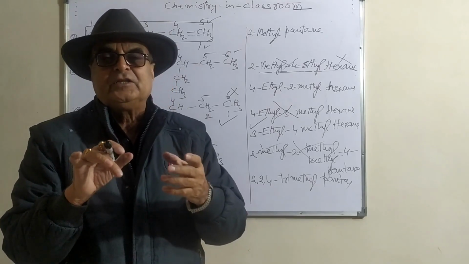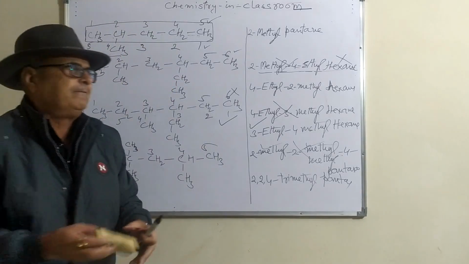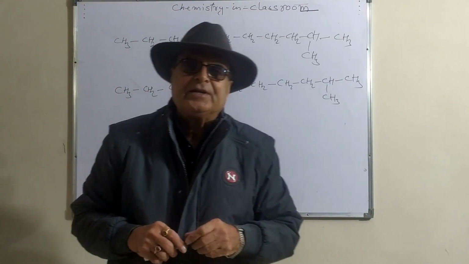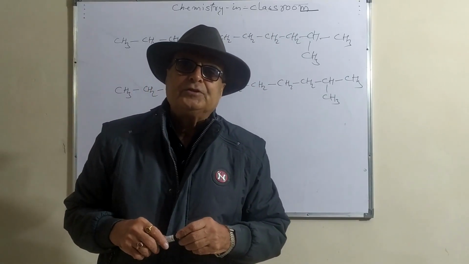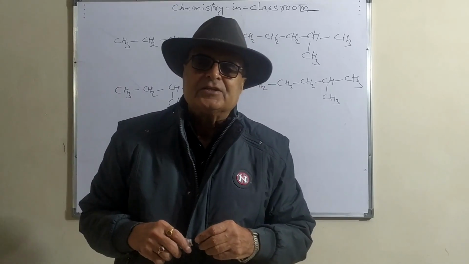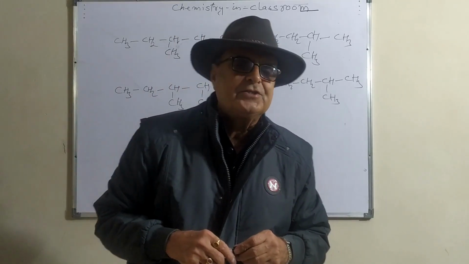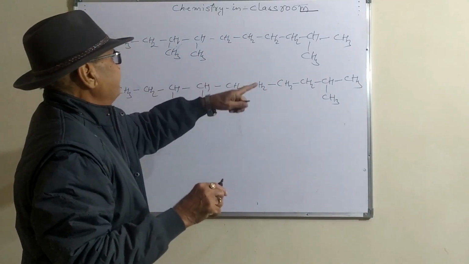Now I am giving the most important tool. I am taking the example of decane. This is the last example to make you understand the selection of the longest chain, as well as to show the location of the substituent groups. This is a very technical example. Here I have taken the example of decane.